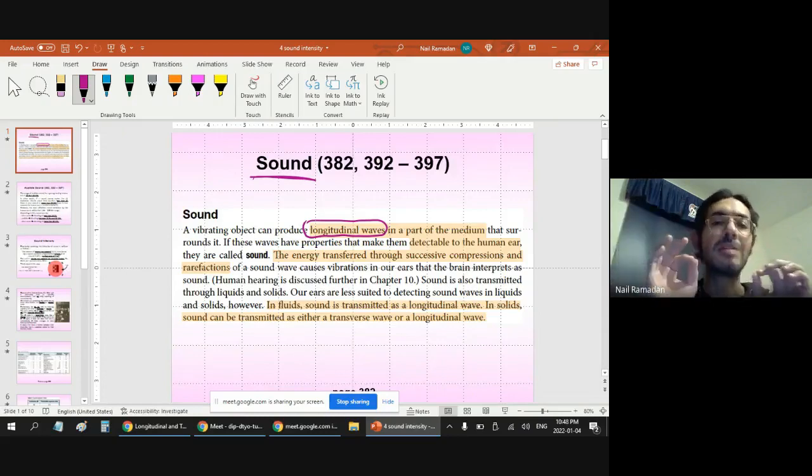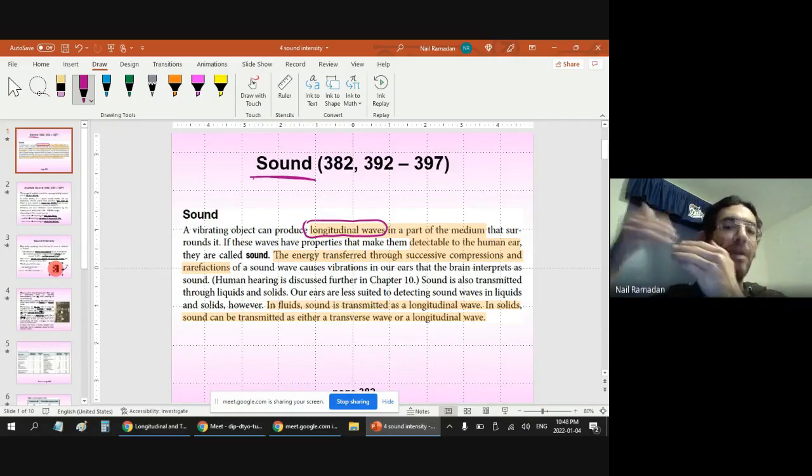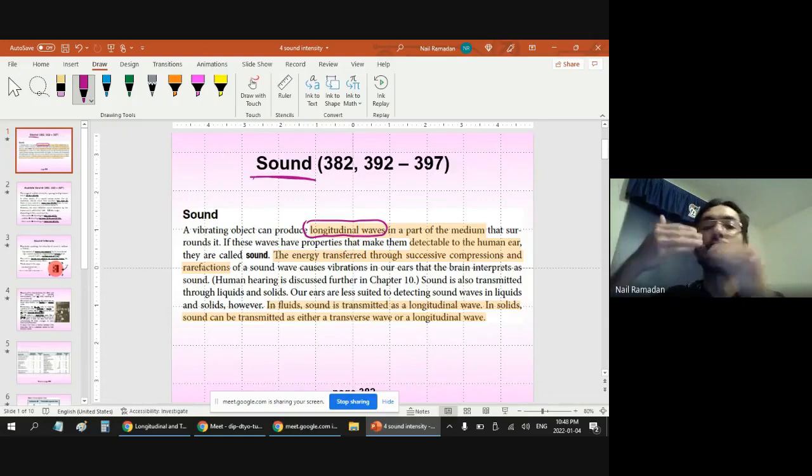Remember, sound needs a medium. It needs a material or matter or a substance around it to carry the wave, to carry the energy disturbance until it goes from the sound source, which is my mouth, all the way to your ear if you're standing in front of me.